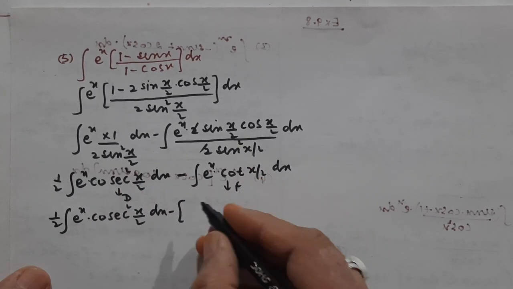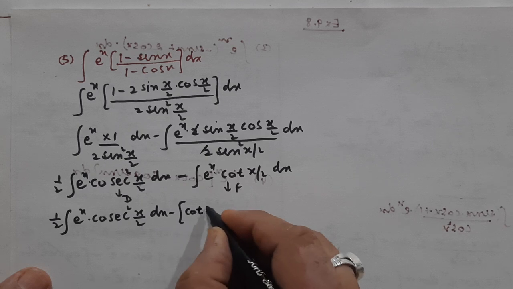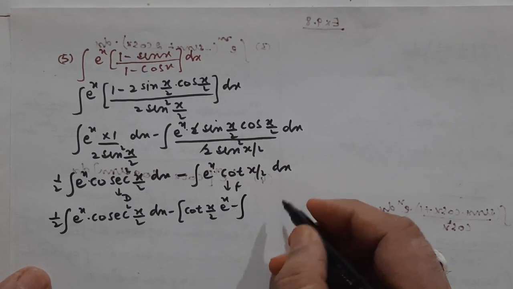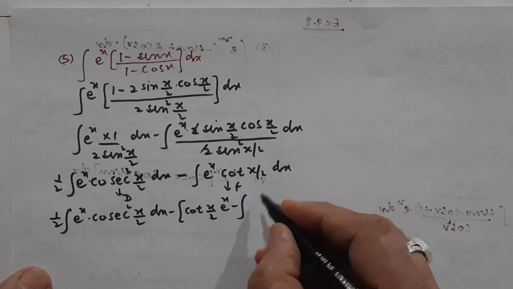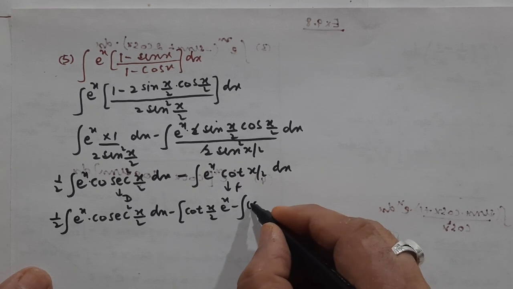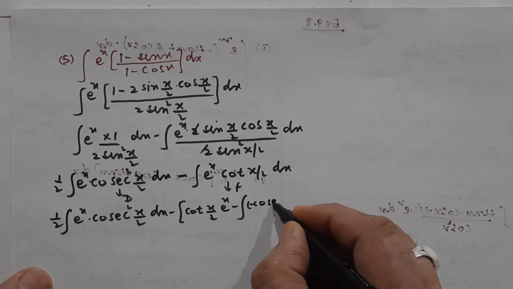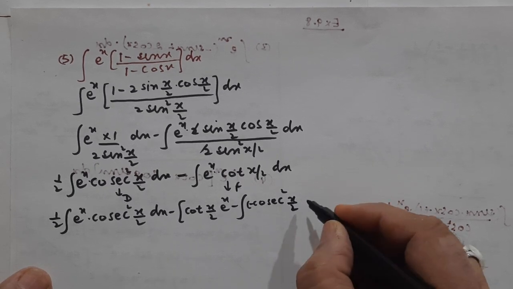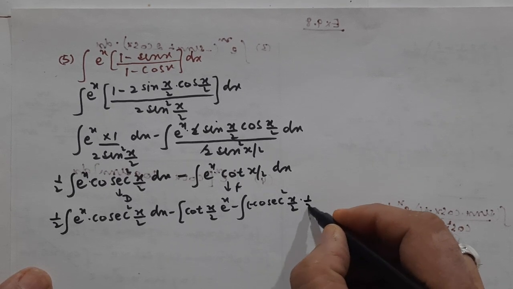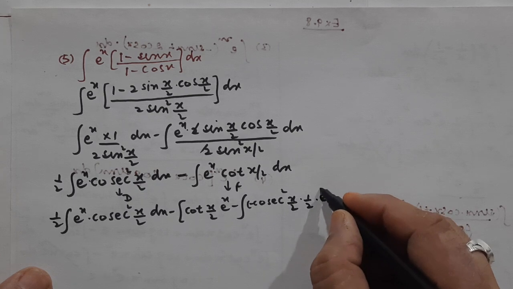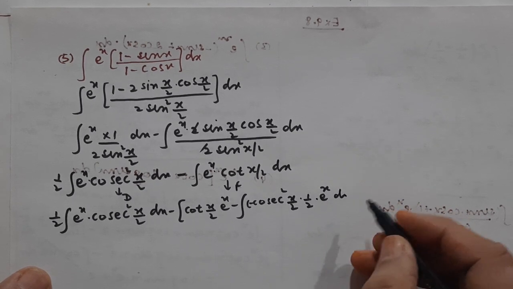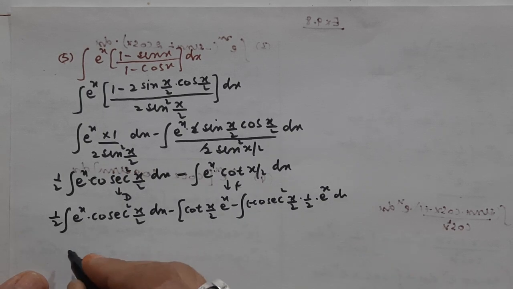Now apply the rule. So cot x by 2, integral of e power x is e power x, minus the derivative of cot x by 2, cosecant square x by 2, this is the derivative of the function, into 1 by 2, and integral of e power x is e power x dx, like this. So what we get?